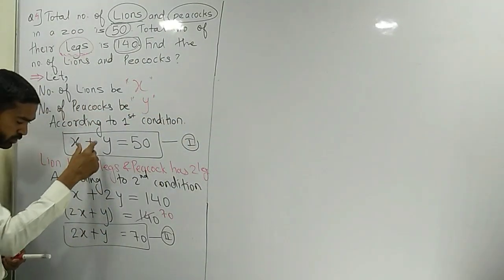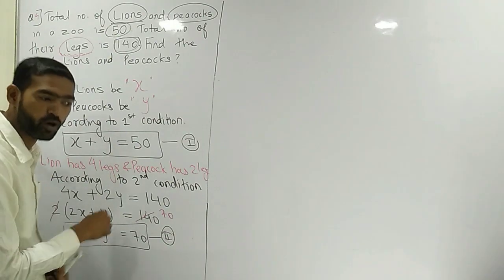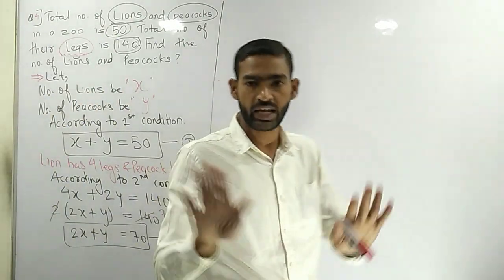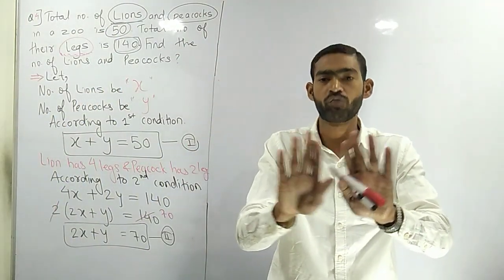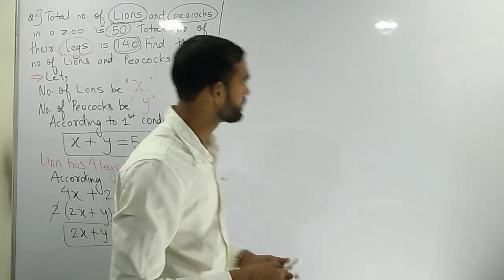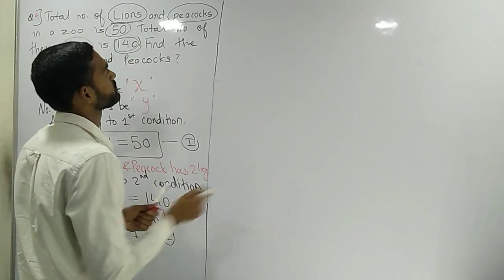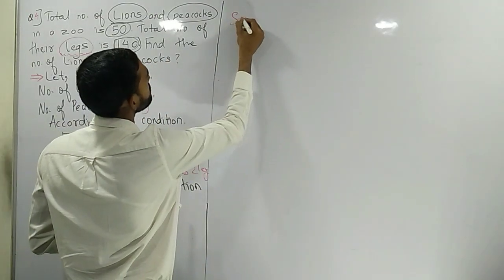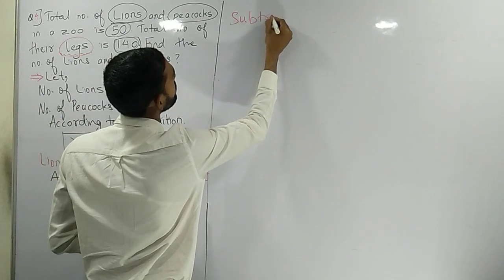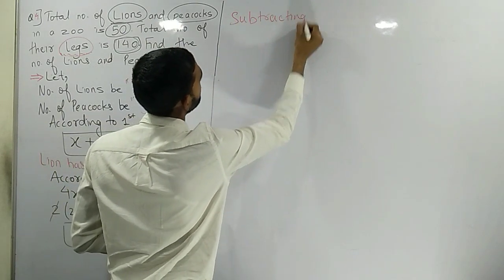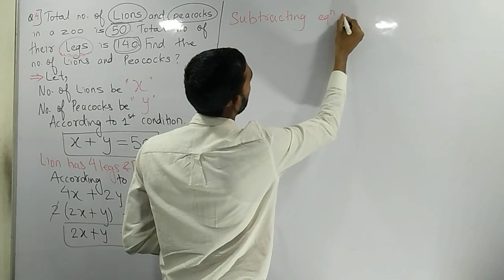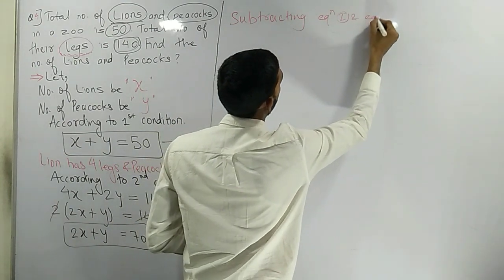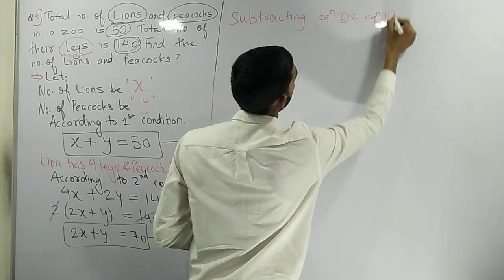Here y is positive, here again the y is what? Positive. Since both have the same sign, what we'll do? We will subtract them. So we'll write here, subtracting equation 1 and equation 2.